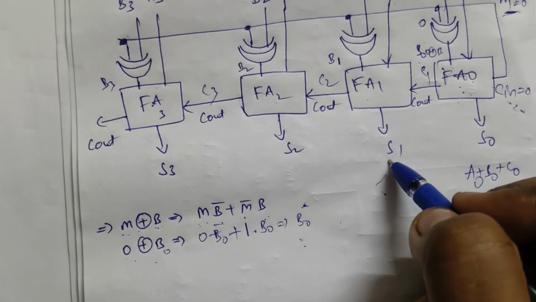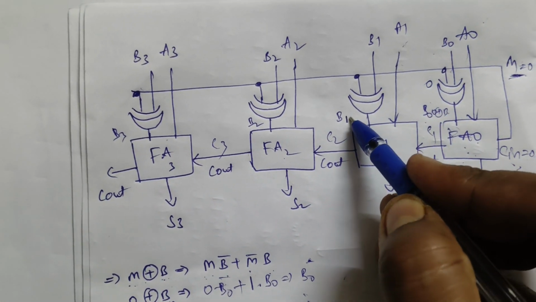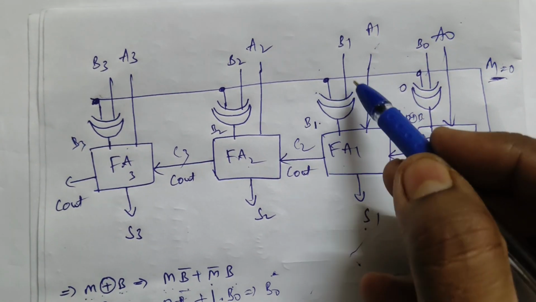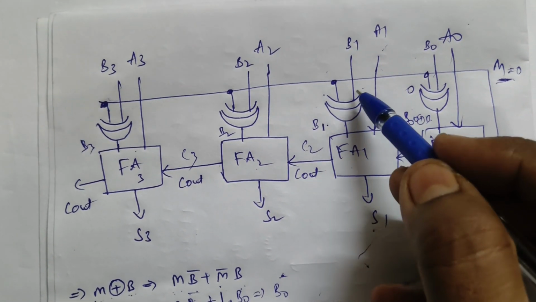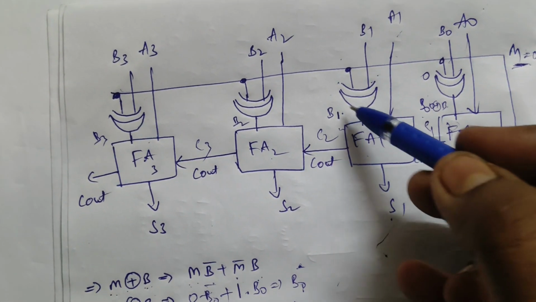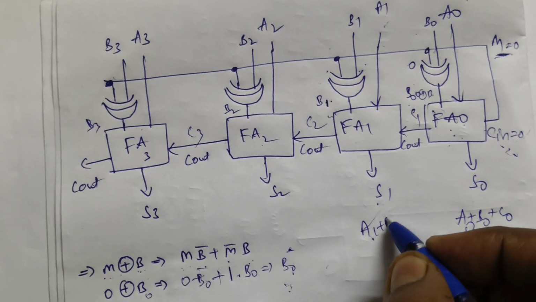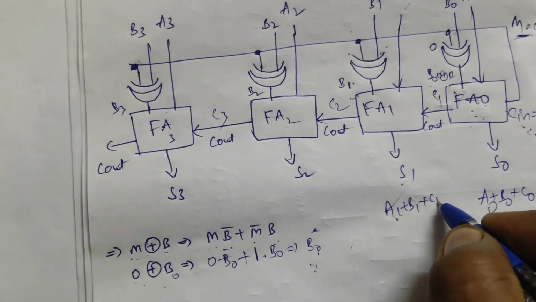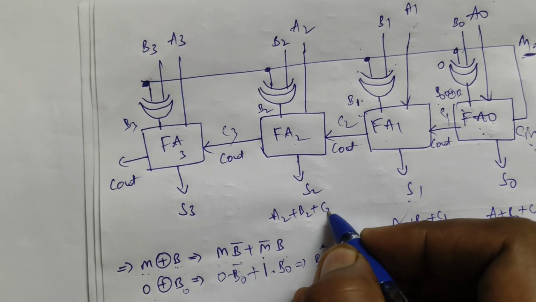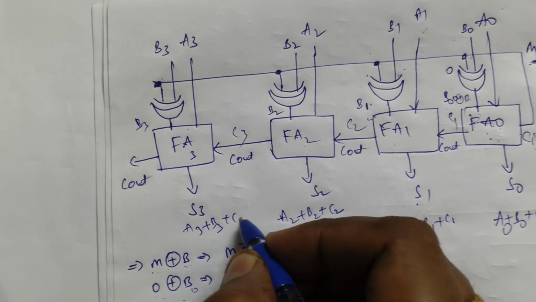Similarly for S1, one more input is B1, because in the XOR M is 0 and the B bit information is XORed with 0, so we get the output as the B bit only, which is B1. So the sum is A1 plus B1 plus C1. Similarly it is A2 plus B2 plus C2, A3 plus B3 plus C3.